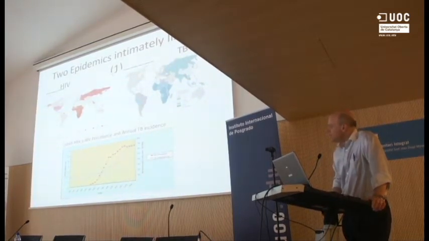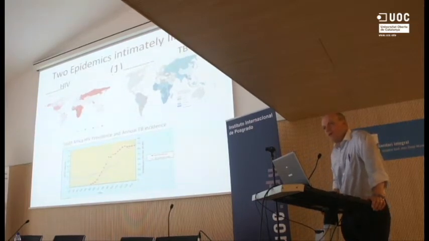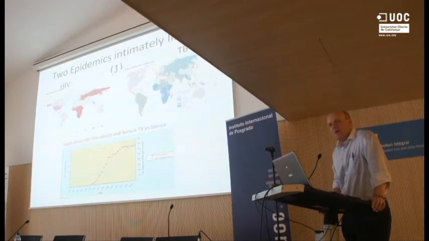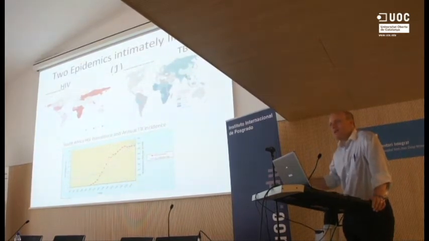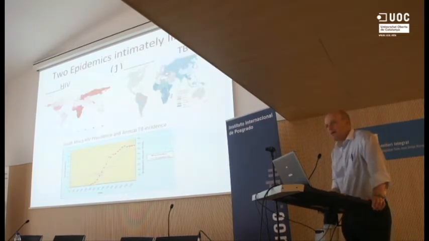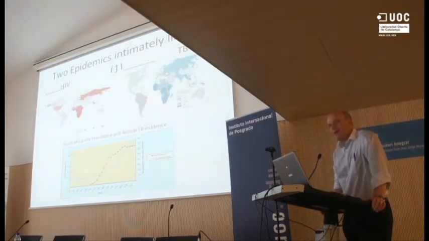And you can see that even before the HIV epidemic, South Africa had a terrible TB problem, which was then, as though petrol had been poured on a fire, suddenly rapidly increased over the past 10, 15 years.